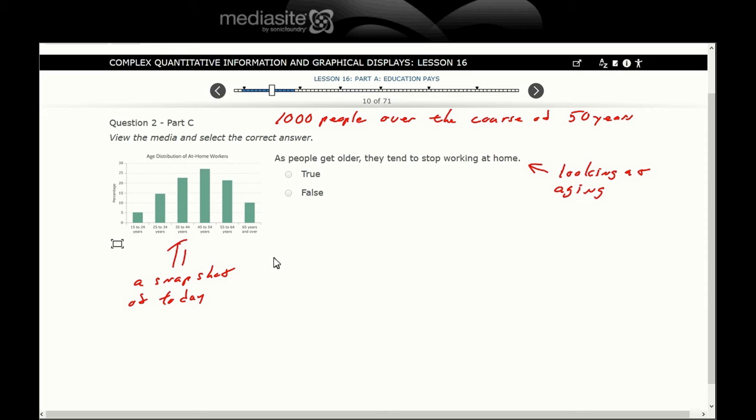So, gotta be careful on what's being asked. So as people go, they tend to stop working at home. False. It's because of how the question is worded and what the graph is showing. Again, the graph is a snapshot of society now, not of what happens to a person as we get older.